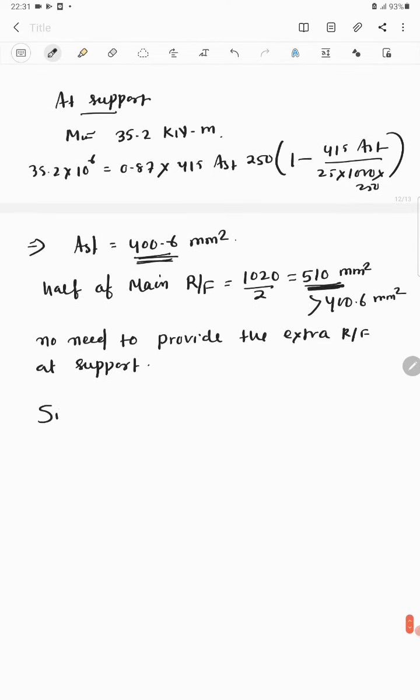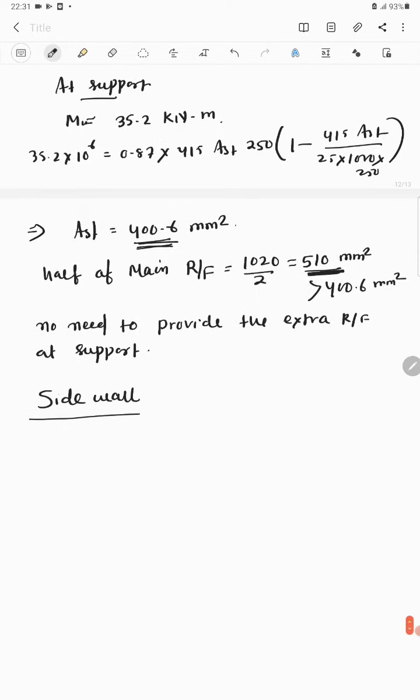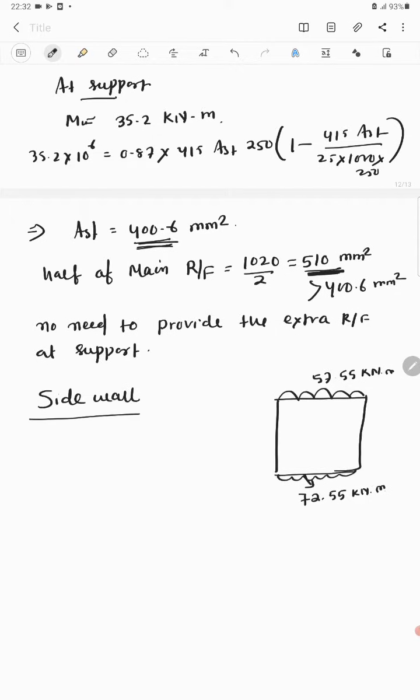Now come to the sidewall. For this sidewall we have to design like a column. Okay, so this is 57.55 kilonewton meter and this is 72.55 kilonewton per meter square. So this side wall we have to design like a column.